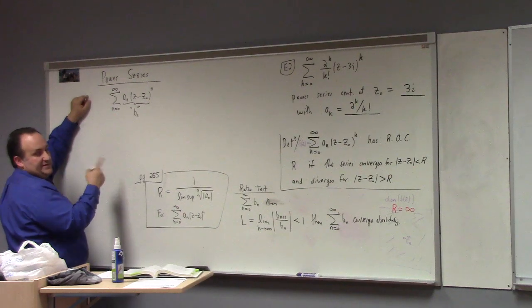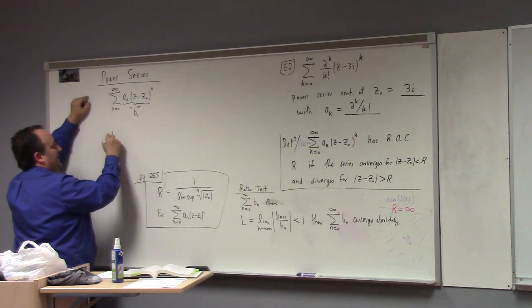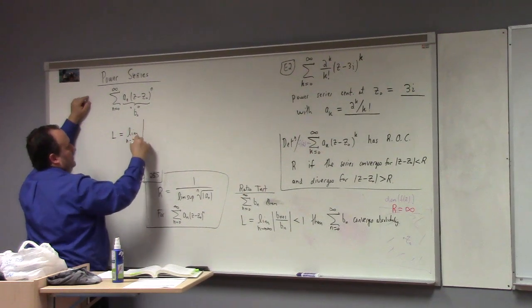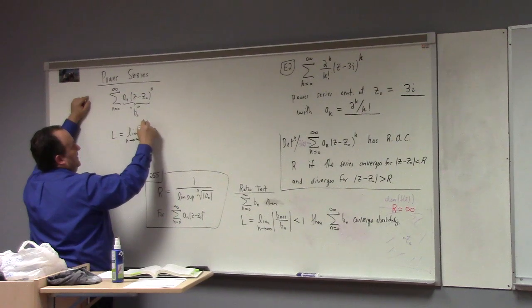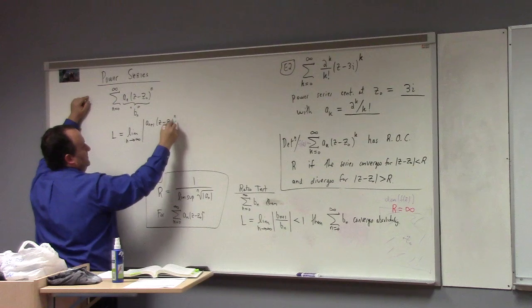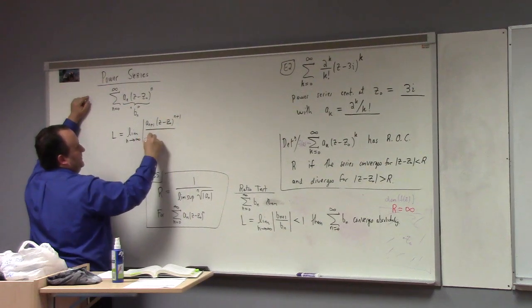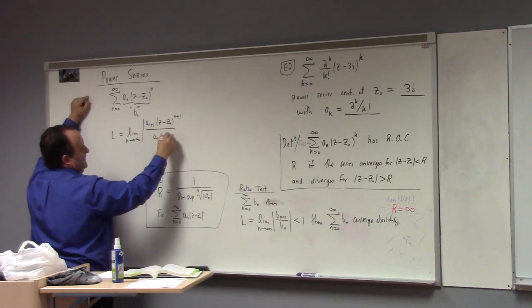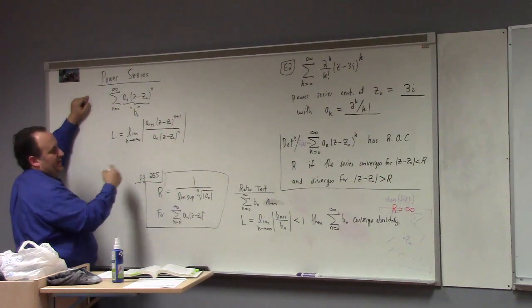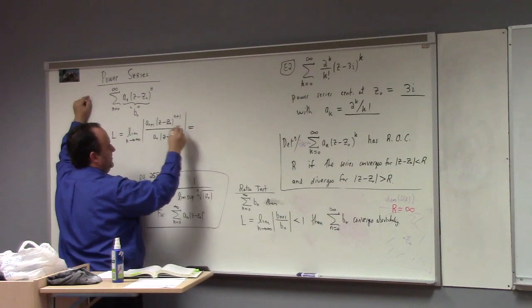If I'm going to apply the ratio test to this, we look at L, the limit as n goes to infinity of the absolute value of a n plus 1 times z minus z naught to the power n plus 1, divided by a n times z minus z naught to the power n, right? Well, do the math here on the absolute value stuff, I mean the modulus.